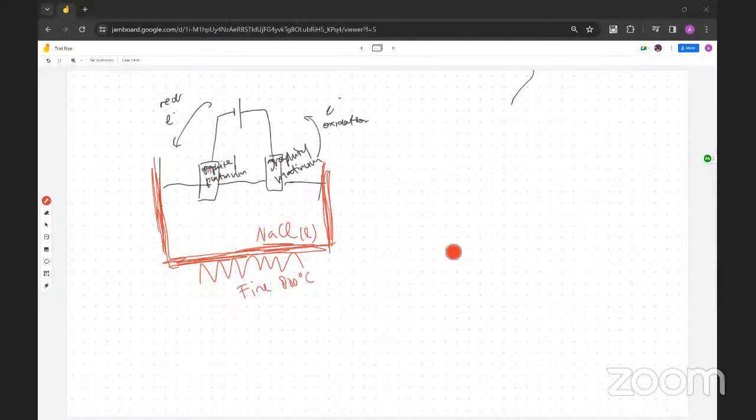Okay, now tell me, according to Sec 3, NaCl liquid, what actually happened to the NaCl? Ria, what happened to NaCl when it is liquid?